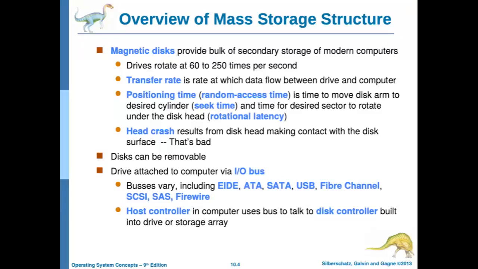Your hard disk is divided into sectors and tracks, and multiple cylinders are possible. The drive rotates 60 to 250 times per second. Now that is for magnetic disks. Though it provides bulk storage space, comparatively its speed is very low.